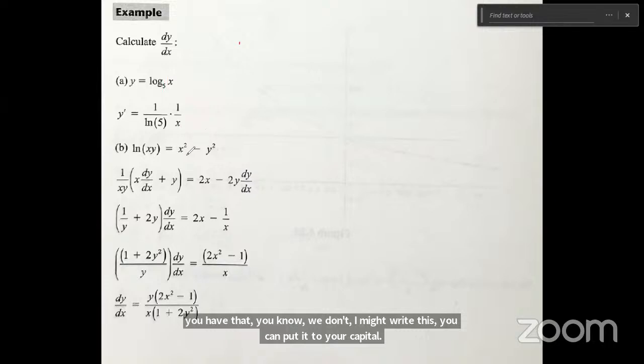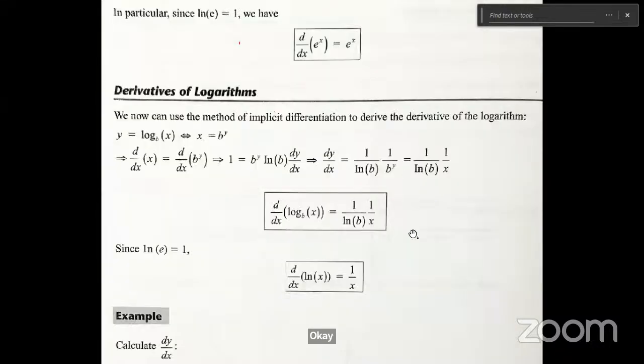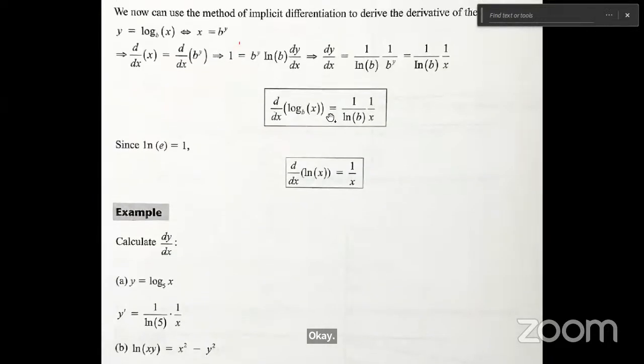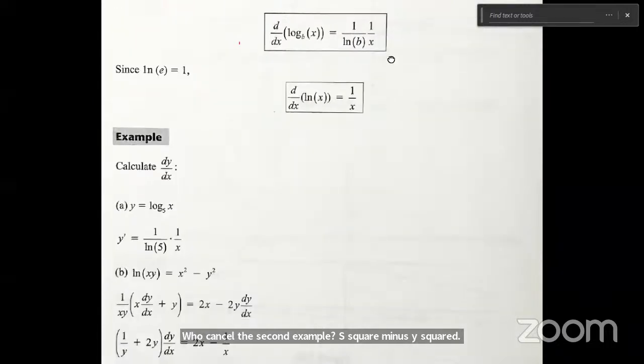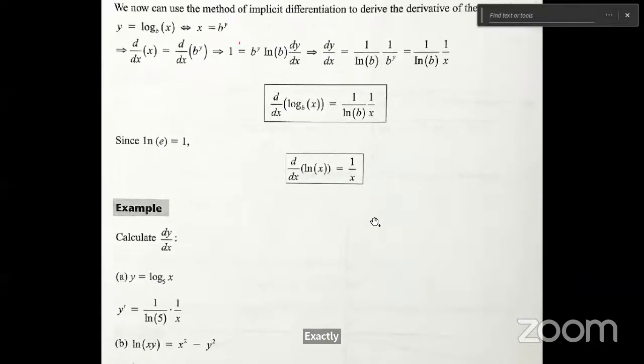Now, the second example, who can solve the second example for me? Who can solve the second example? s square minus y square. Who is there?